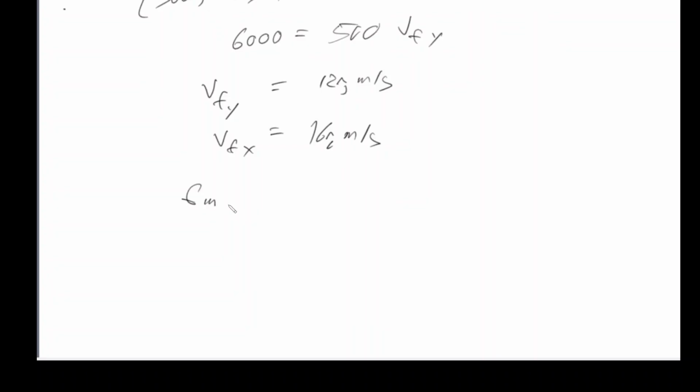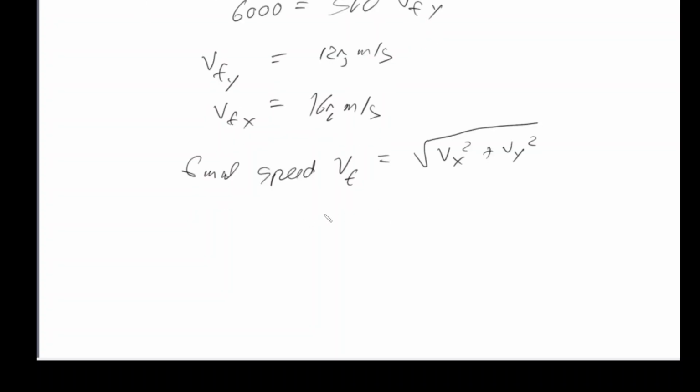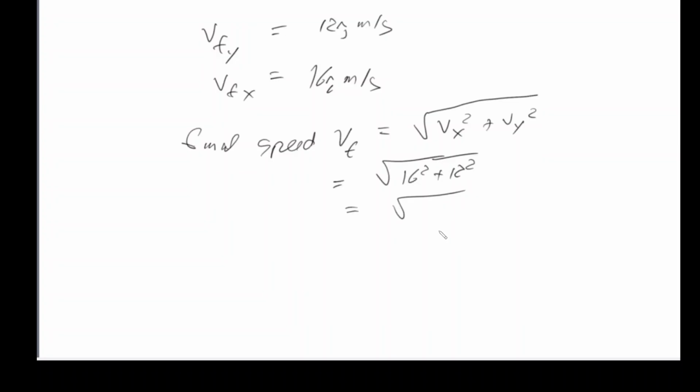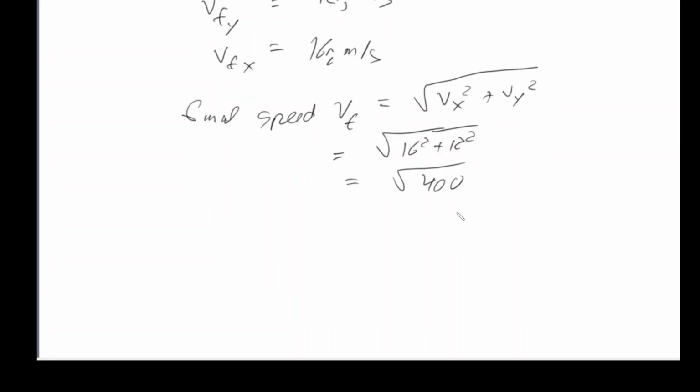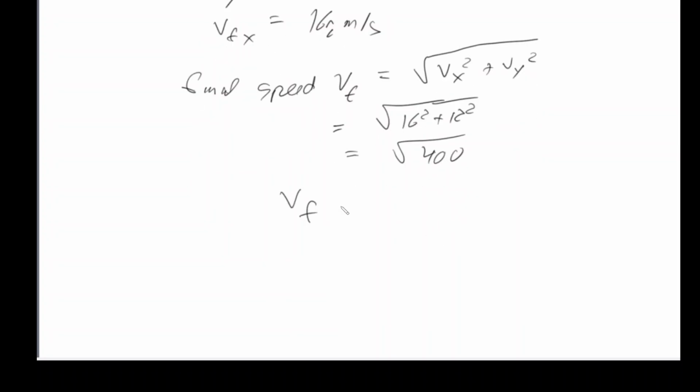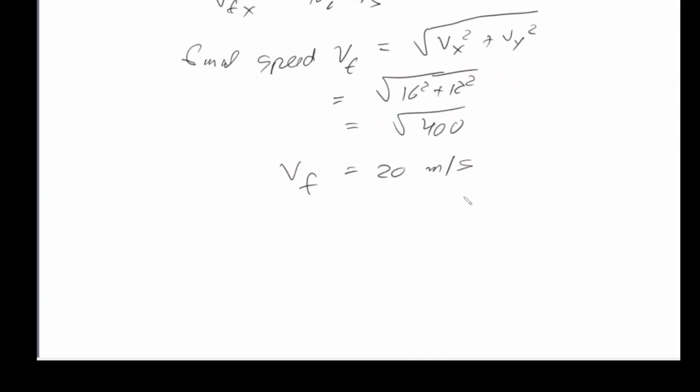So the final speed, v final, is equal to the square root of v in the x squared plus v in the y squared, which in this case would be the square root of 16 squared plus 12 squared, which is equal to the square root of 400, or a final velocity of both vehicles stuck together equal to 20 meters per second.